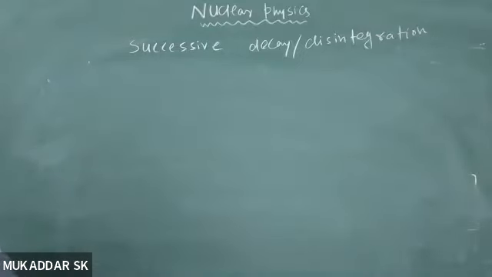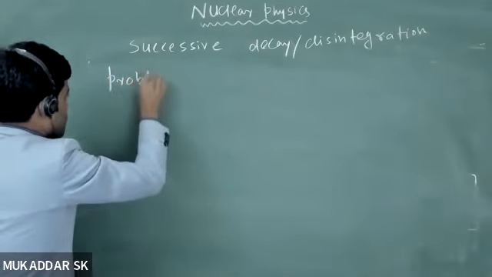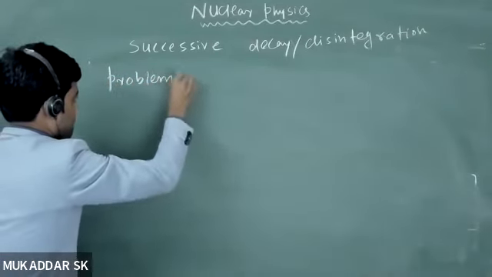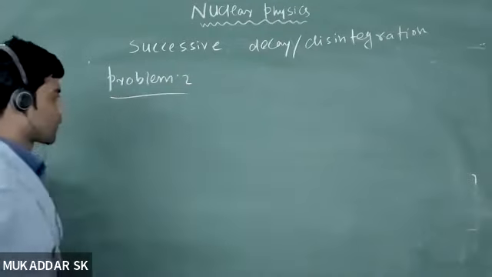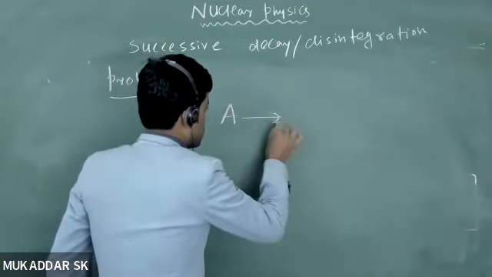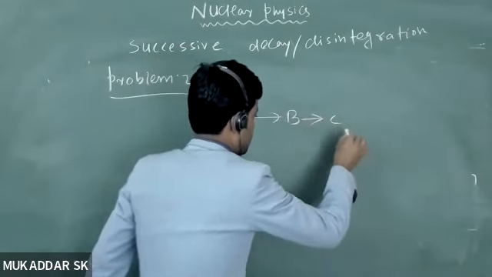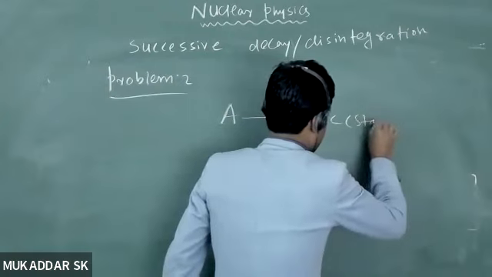Okay, second problem. Again you have a chain of decay, A decaying to B and B decaying to C, and C is stable.